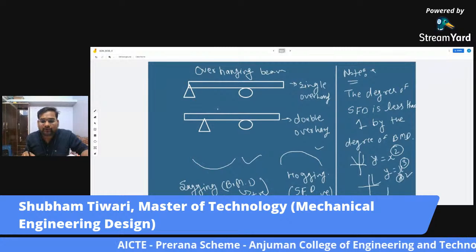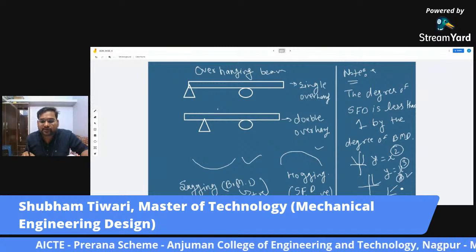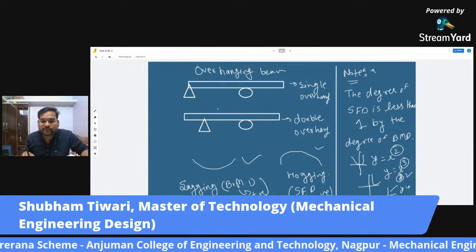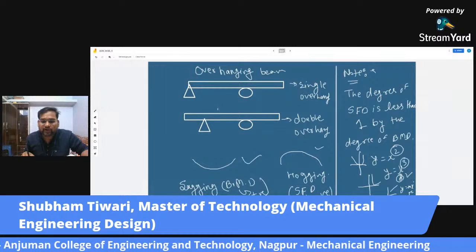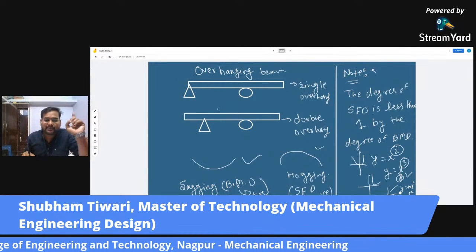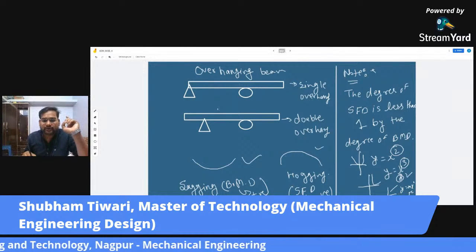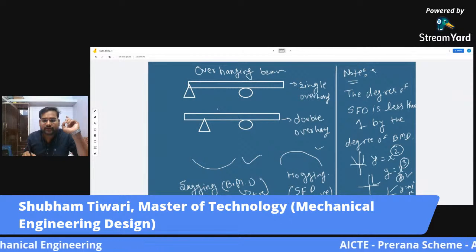For an inclined line, the equation is y equals mx plus c. So x has the highest power 1. So its degree will be what?